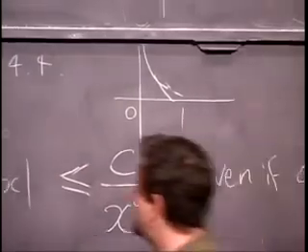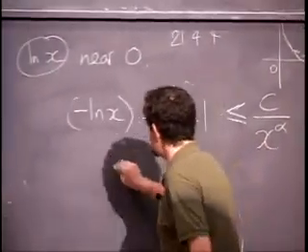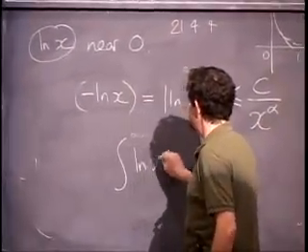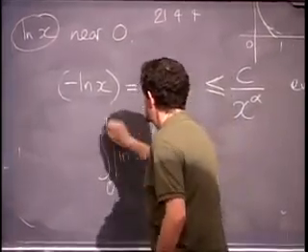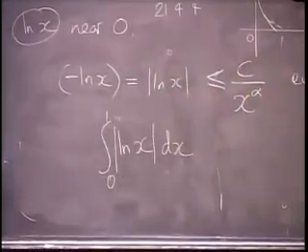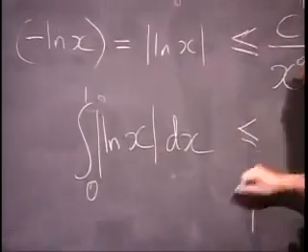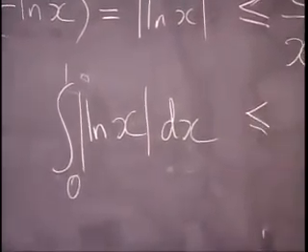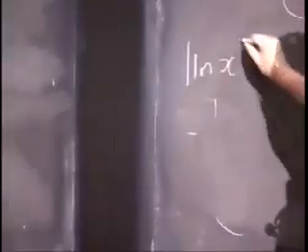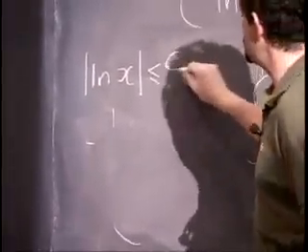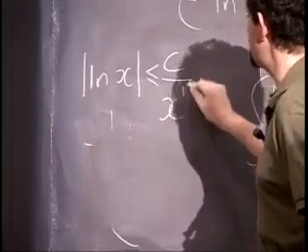So for example, to do this integral, just log x, absolute value, I would just say pick a power less than 1. So I'm going to take absolute value of log x is less than or equal to some constant over x to the 1/2.